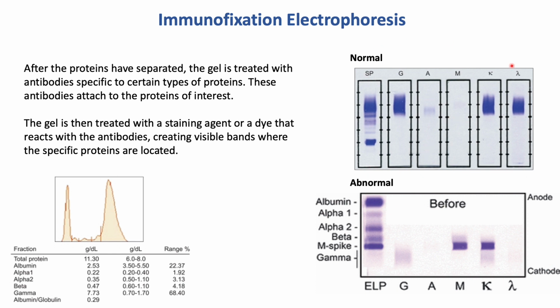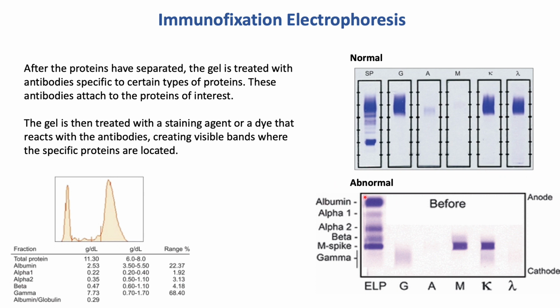So, a normal result includes a darker immunoglobulin G, IgG lane, a lighter immunoglobulin A, and an absent immunoglobulin M. And usually the kappa is denser than lambda, but you might find these two chains as well.